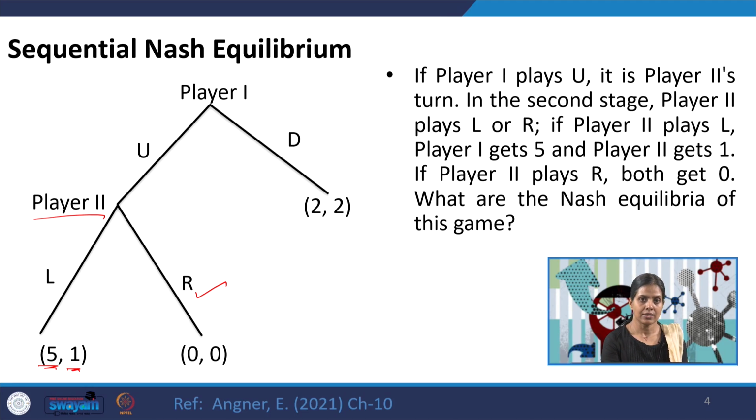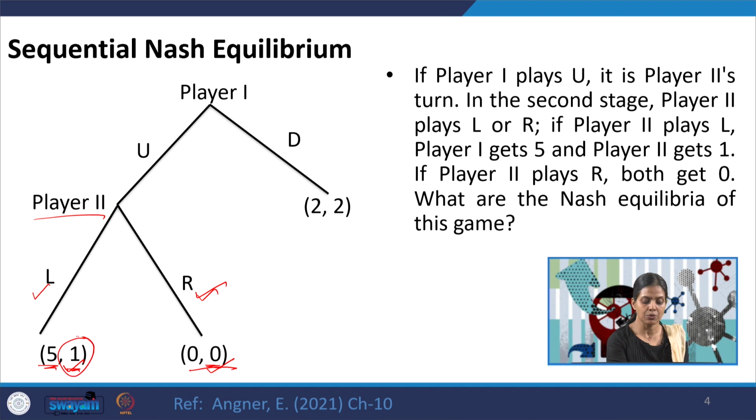What we do here is that we begin from the end. Player 2 will first check his payoffs given his strategies. If he chooses L, he gets 1; if he chooses R, he gets 0.